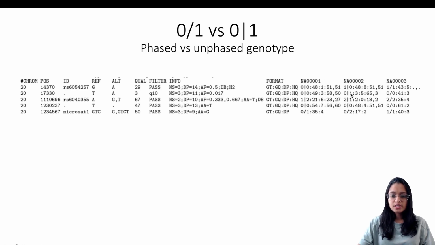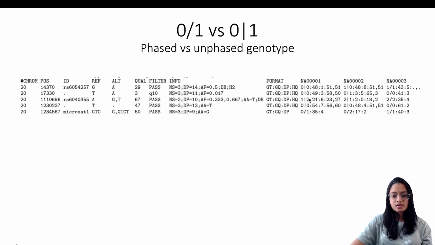But if you look at these genotypes closely, you will see that certain genotypes are denoted by a pipe operator between the two alleles, and some are represented by forward slashes. So what is the difference between them? The ones represented by the pipe operator are phased genotypes, and the ones with forward slashes are unphased genotypes.